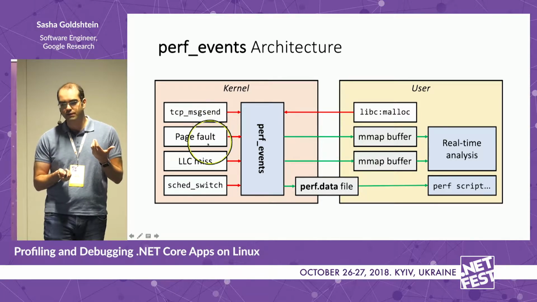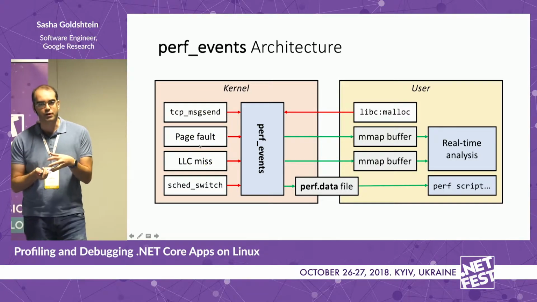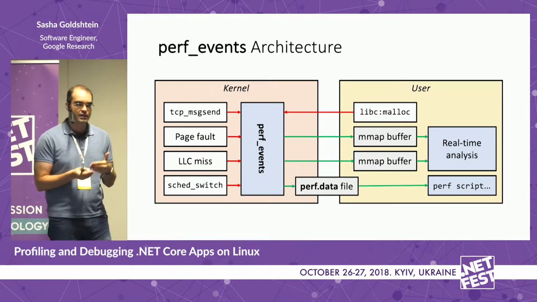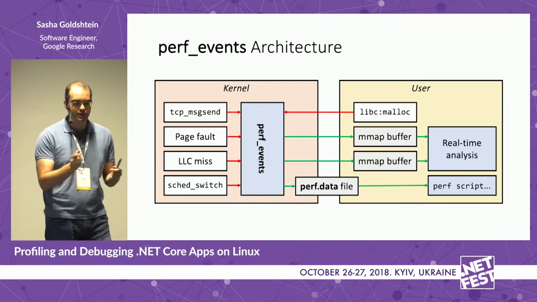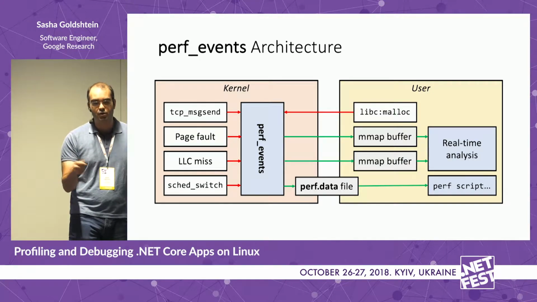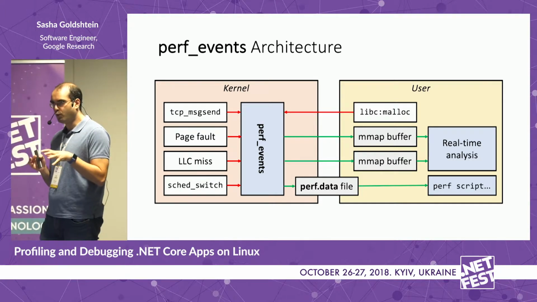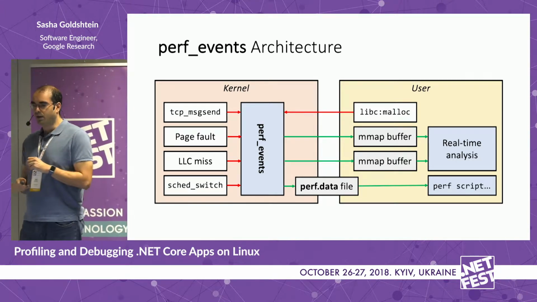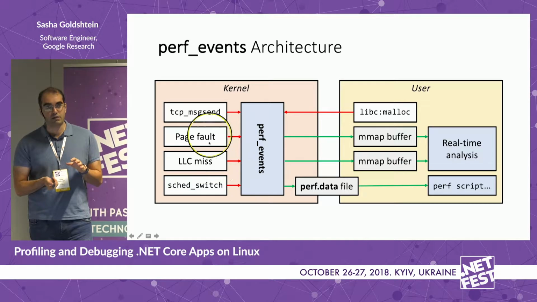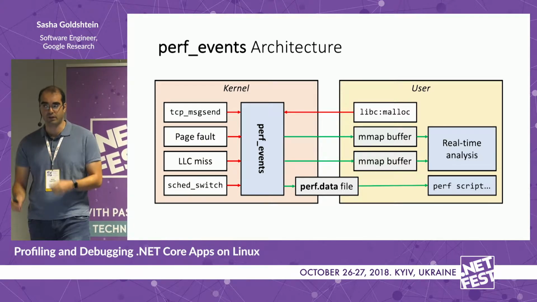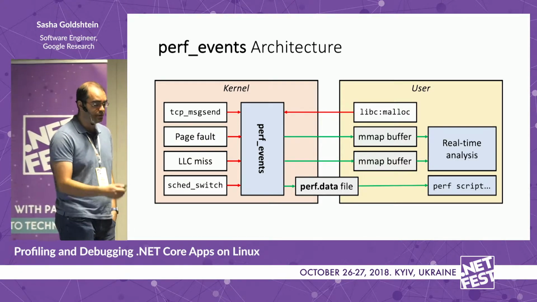It can also receive events from software components, like the operating system scheduler, which tells perf whenever there is a context switch between threads or a new process is created, and so on. If you know Windows tracing, this thing here is really ETW, event tracing for Windows, but that's on Windows, of course. So the closest equivalent on Linux is perf.